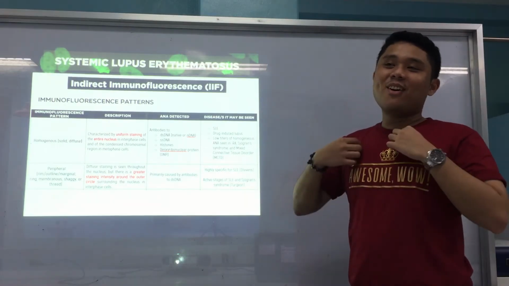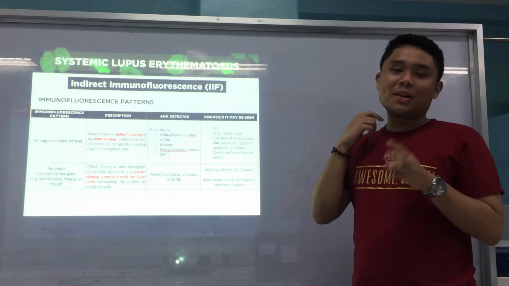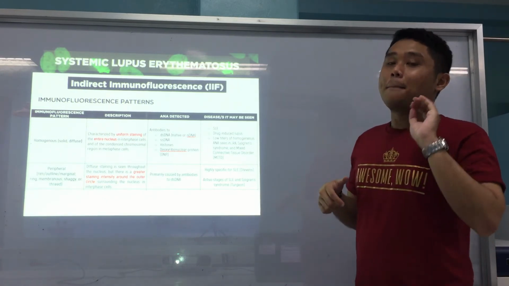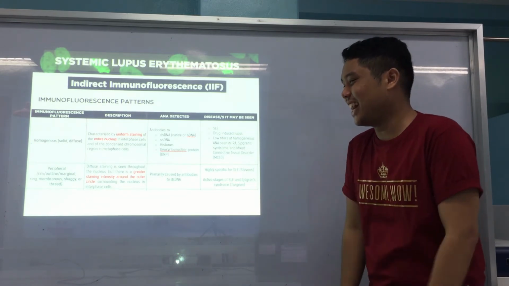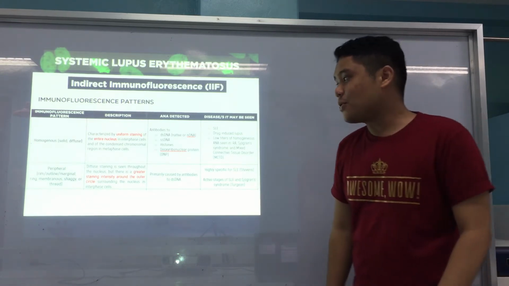We go now to the second type of immunofluorescence pattern, which is peripheral, also known as rim, outline, marginal, ring, membranous, shaggy, or thread.